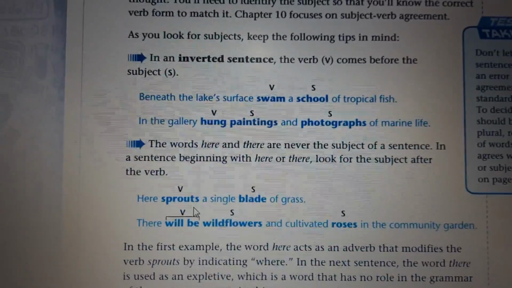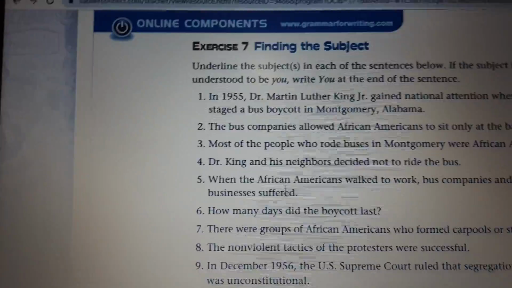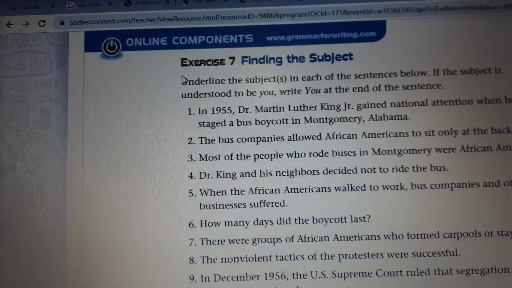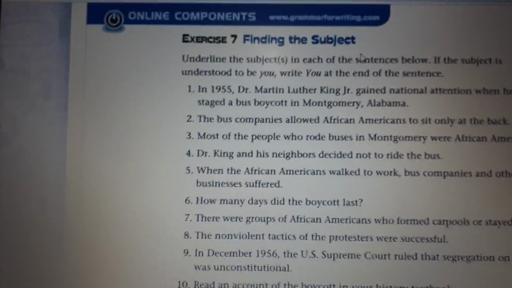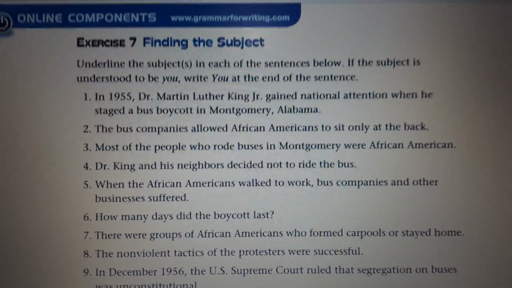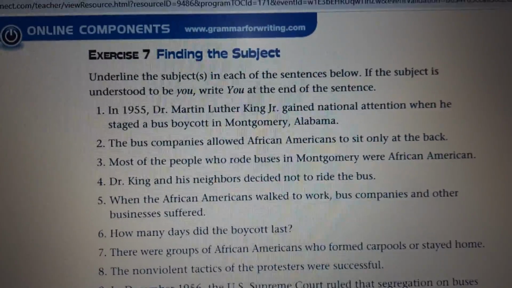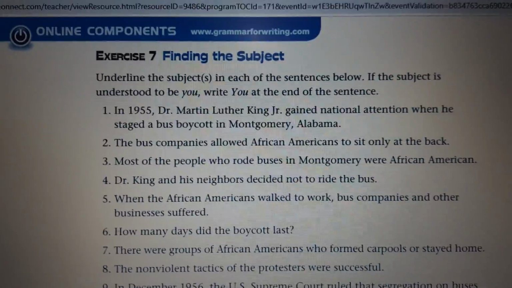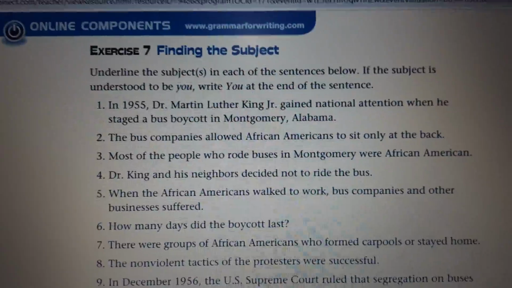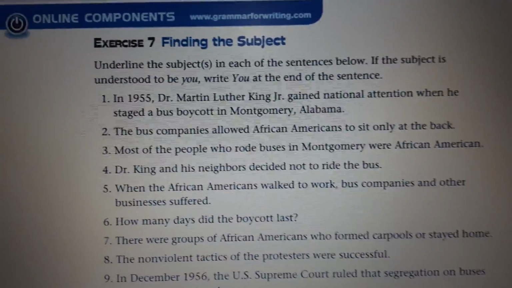So that's it for today. I want you guys to answer exercise number 7, finding the subject, because if you have a lot of examples and a lot of exercises, I know that you can distinguish these kinds of things, and you're going to find it easy just by practice.